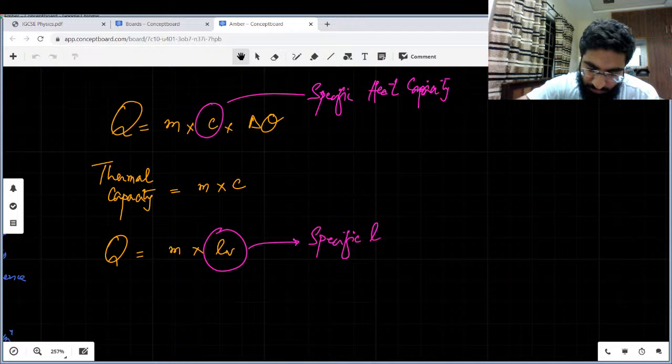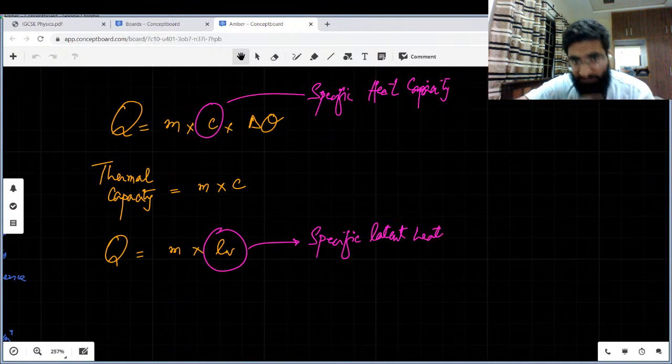is the amount of heat that is required to change the state of matter of a substance without raising temperature. So remember we discussed in the last class that when ice is melting, at a certain point the temperature becomes constant, and the heat given is used to change the state of matter from ice to water.